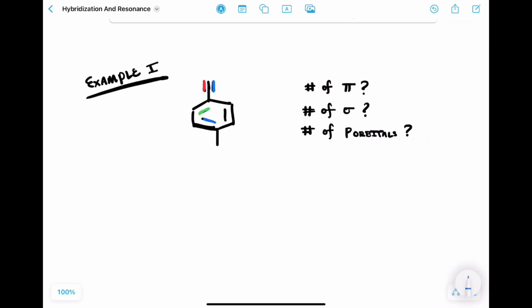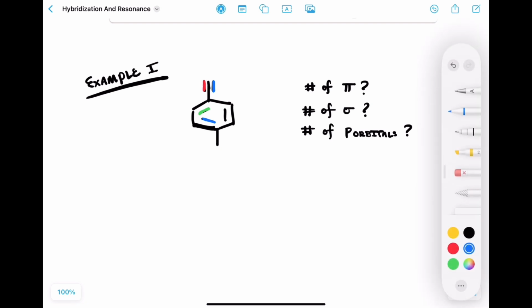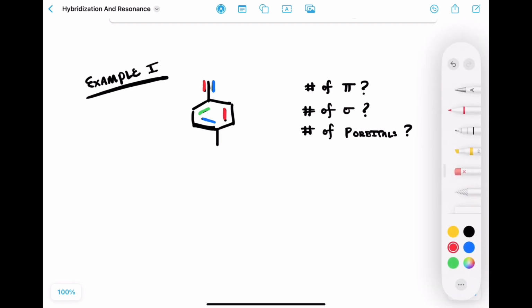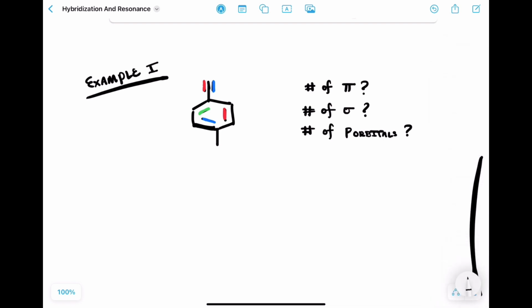Go back to blue, 4. Oops, let's do red on that one. Right, and so we have essentially 5 pi bonds. If we add them up, everything in color is going to be 5. 1, 2, 3, 4, 5.